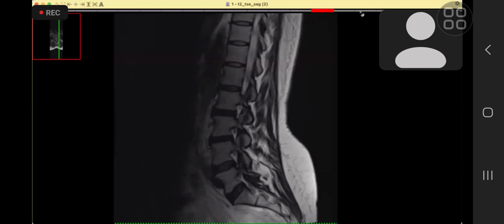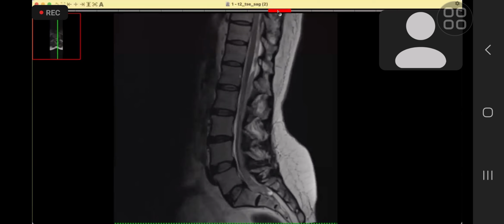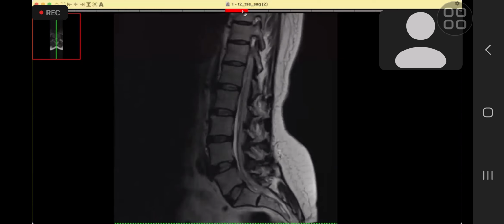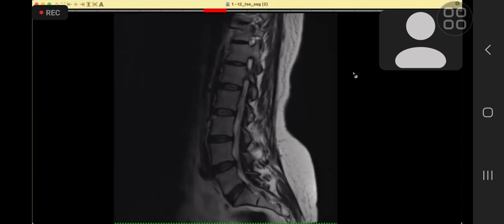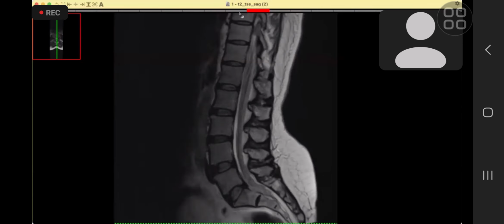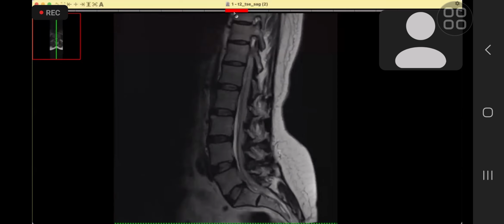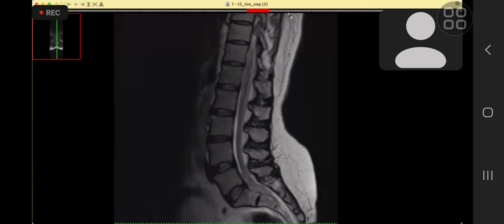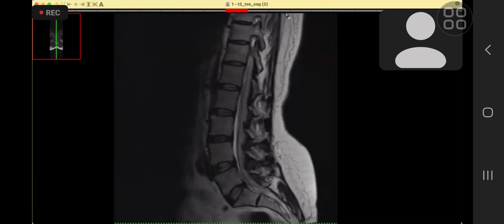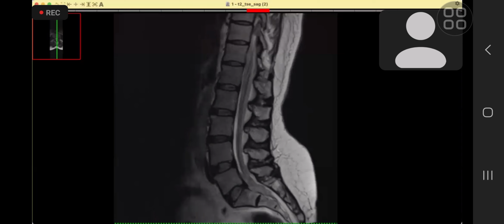Sorry, it's jumping a little bit. So on initial assessment, I can see that there is a diffuse infiltrative process throughout the entire segment of the imaged cord. This appears to be occupying the thecal sac, particularly posterior to the spinal cord.